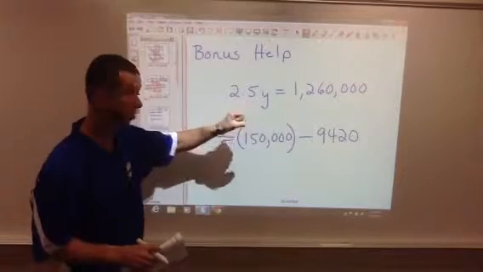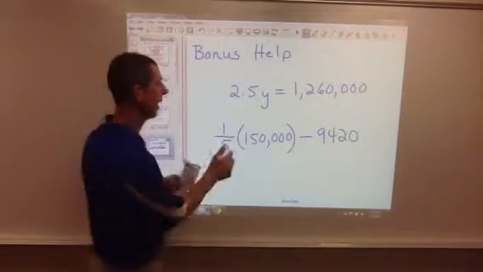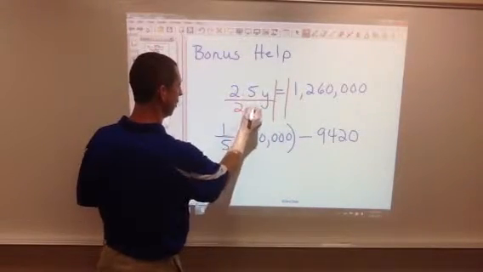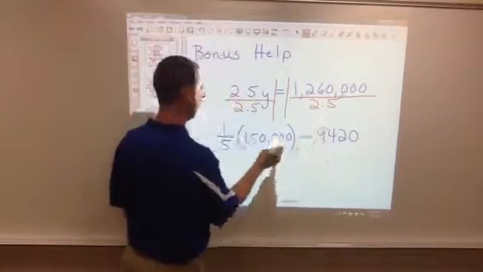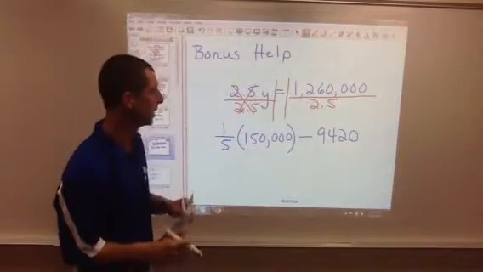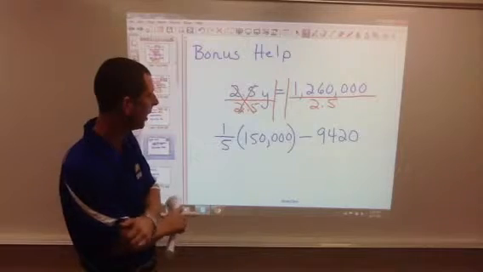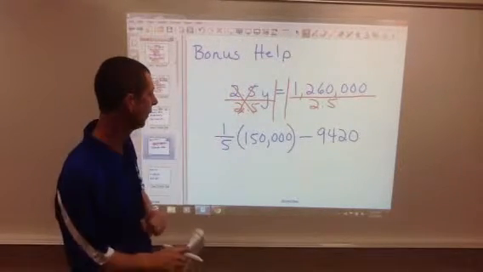And now if you solve for y, you'll have your answer. Divide both sides by 2.5, so this is how you would solve this one. These cancel. So then y equals 1,260,000 divided by 2.5. Use your calculator, you'll have your answer. But you got to list this, you got to give this, and also solve it.